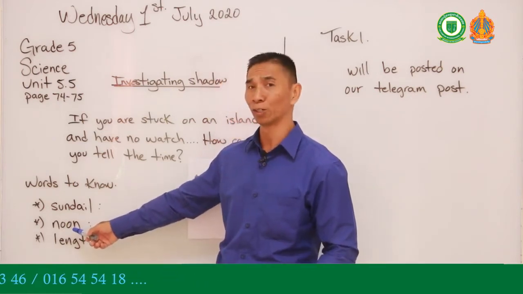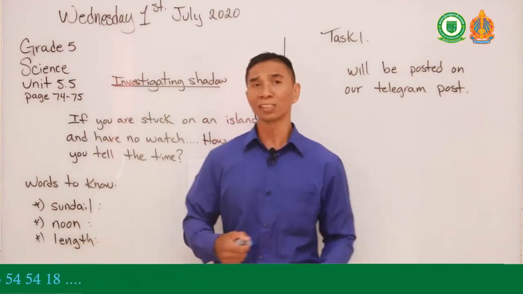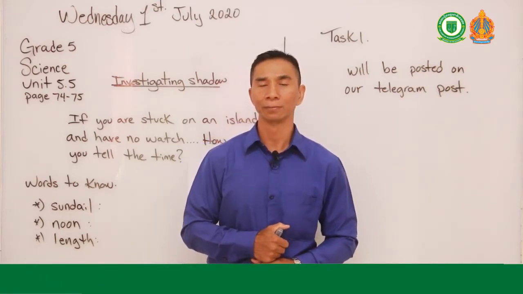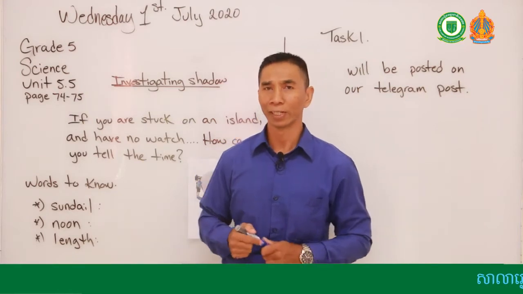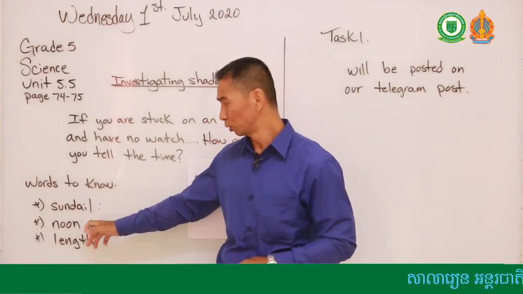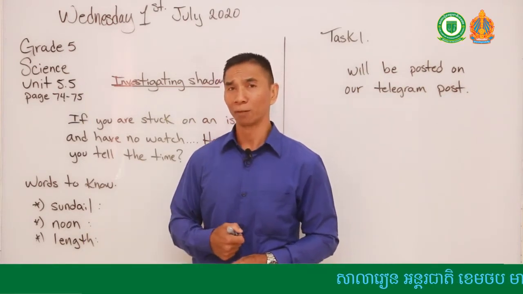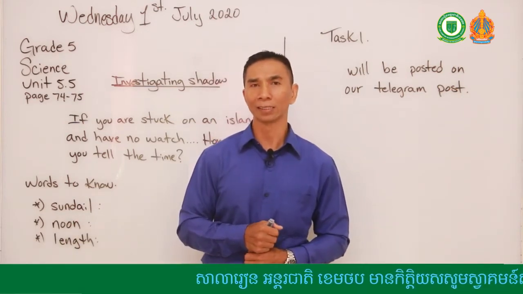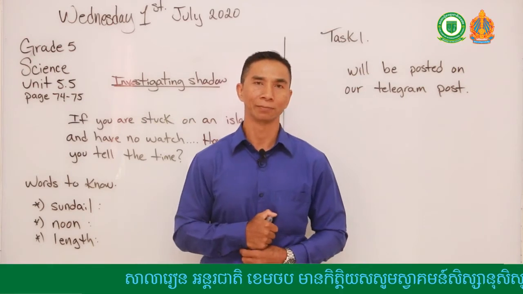Noon. I hope you know what noon is. So what time is it when someone says it is noon time? Can you tell me? I will give you a few seconds to post something on our Telegram post about noon. So if I say it is 5 minutes till noon, what time is it?